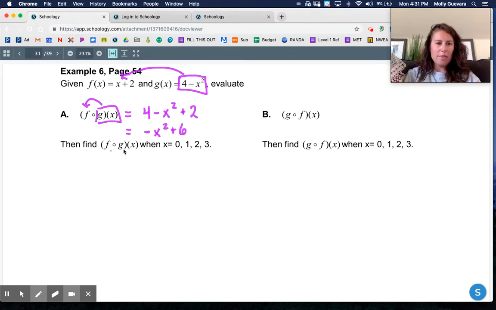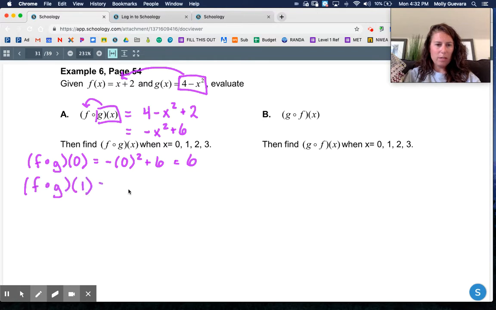Then it wants me to find the values at 0, 1, 2, and 3. So f with g of 0 means I have negative 0 squared plus 6, which just gets me 6. F with g of 1 is negative 1 squared plus 6, which gets me 5, right? Negative 1 plus 6.